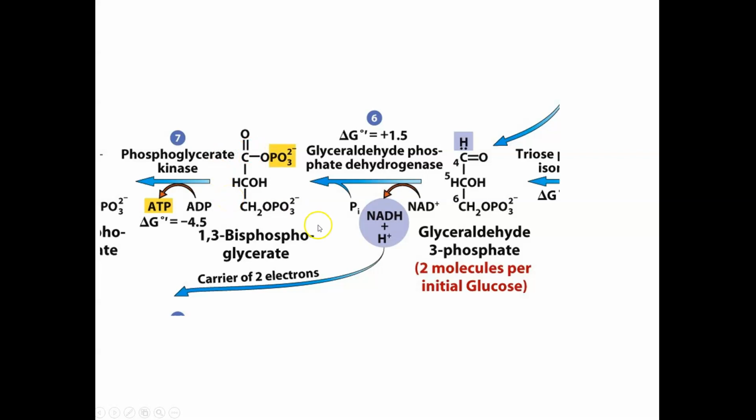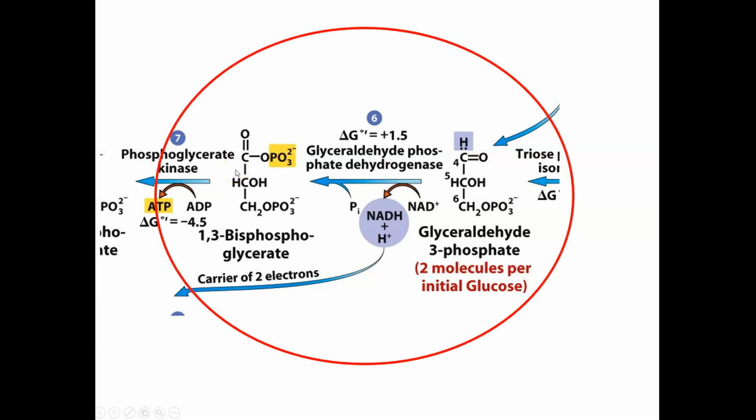And I want you to identify the two things that happened to this molecule. What's different between this molecule and this molecule? So hopefully you were able to identify the fact that a phosphate group got added on, which you can see here, an inorganic phosphate group was attached. And then we also lost this hydrogen.